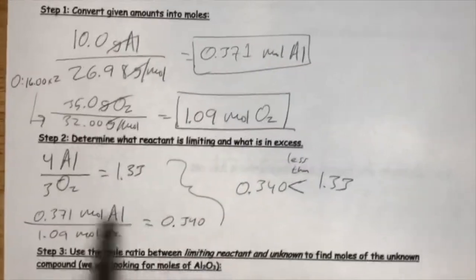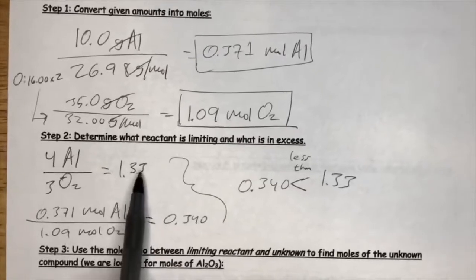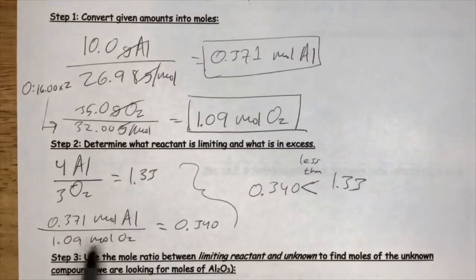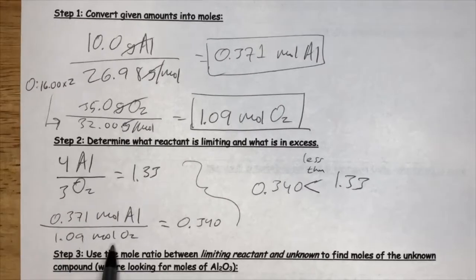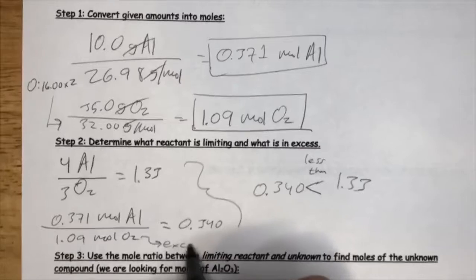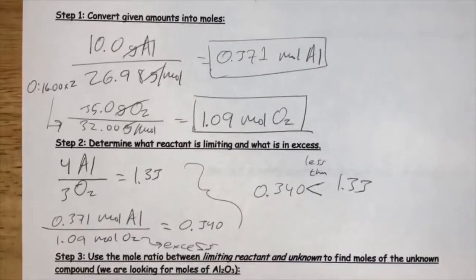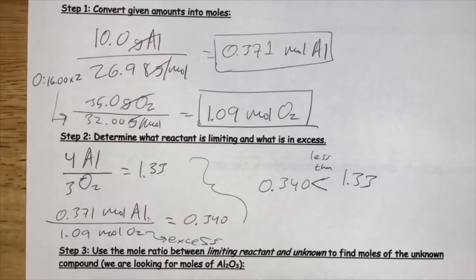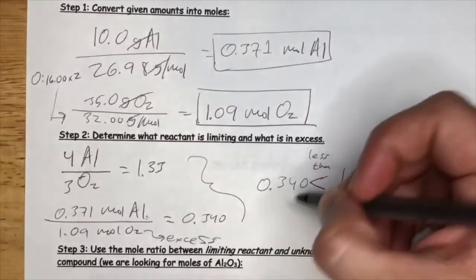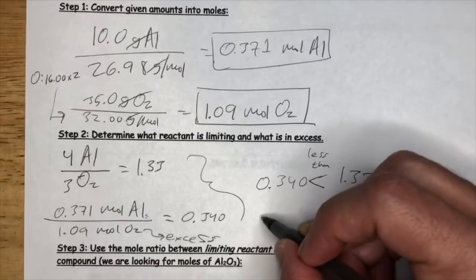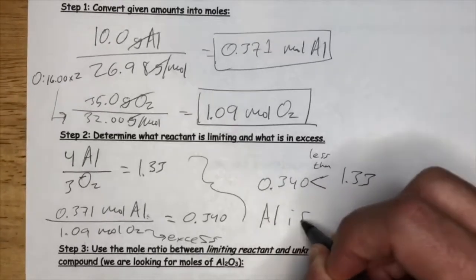The answer, when we divide that out, is less than what we have in the mole ratio, and that's because we have a big denominator, okay? Excess in the denominator. Which means limiting has to be in the numerator, okay? 0.371 is limiting, okay? So that means aluminum is limiting.